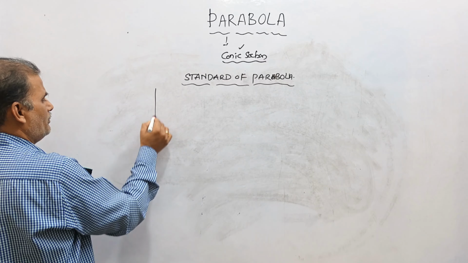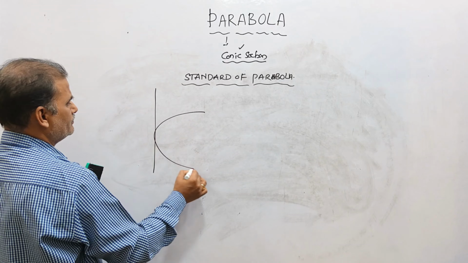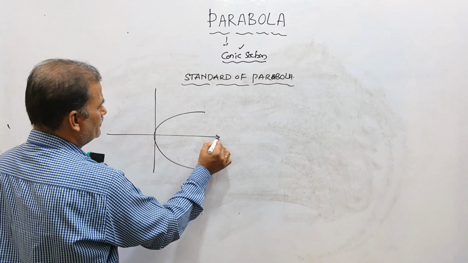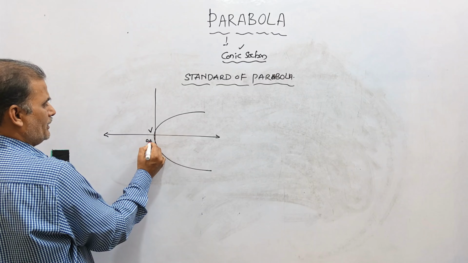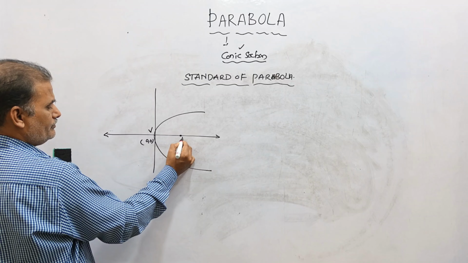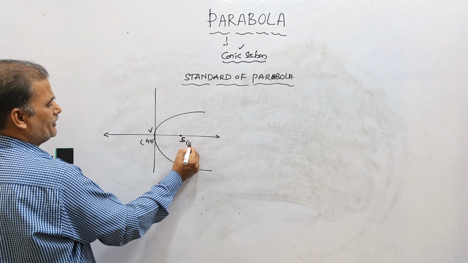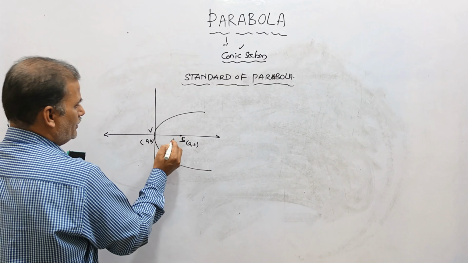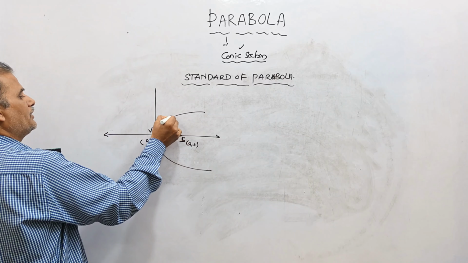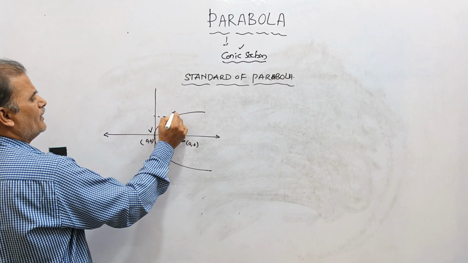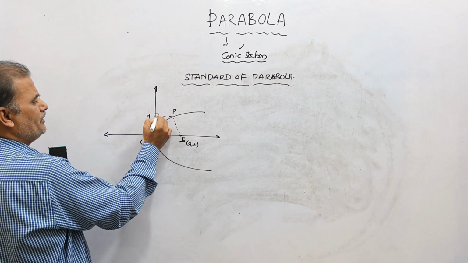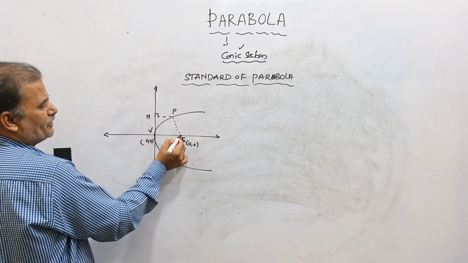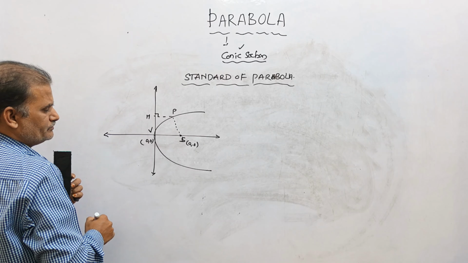You know the parabola diagram, this is the axis, this is the vertex (0, 0), and this is the focus (a, 0). The distances are SP and PM, this is the perpendicular distance, and this is the distance from S to P.